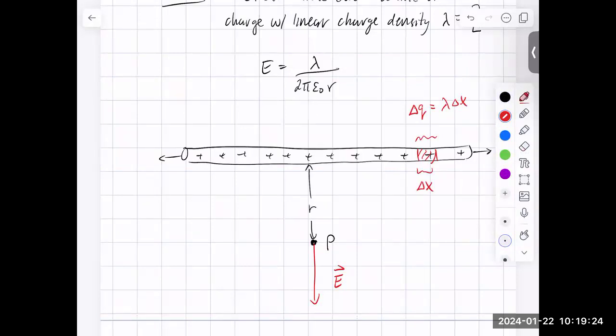And so we could treat that little tiny piece of the rod as a point charge, and we could say, well, it makes some electric field at point P that points at some funny angle. But then there's another point charge that's placed symmetrically on the other side, say somewhere over here, that makes a similar electric field that points in such a way that the x components are going to cancel, and we'll only get the vertical components of the electric field.